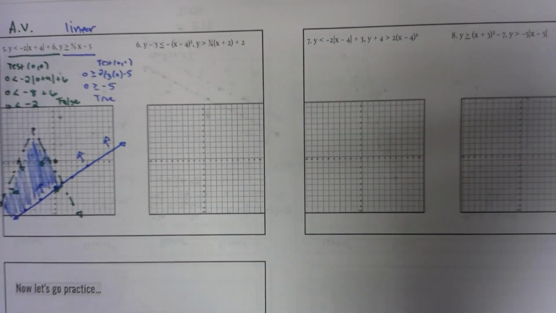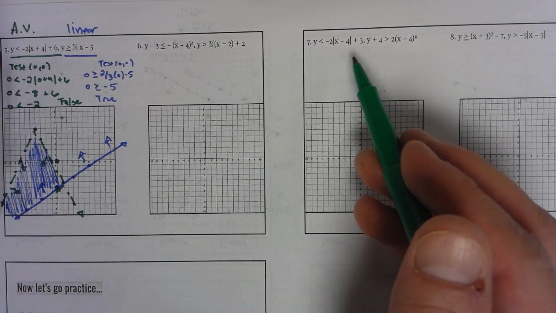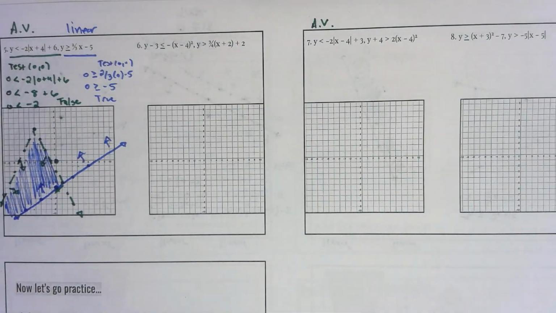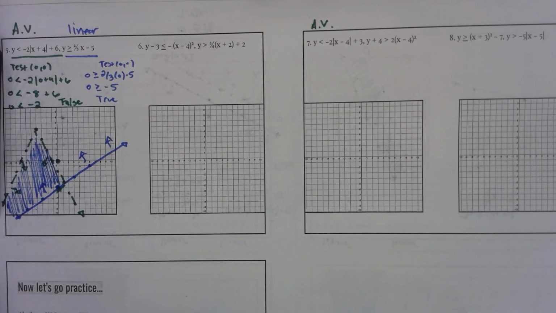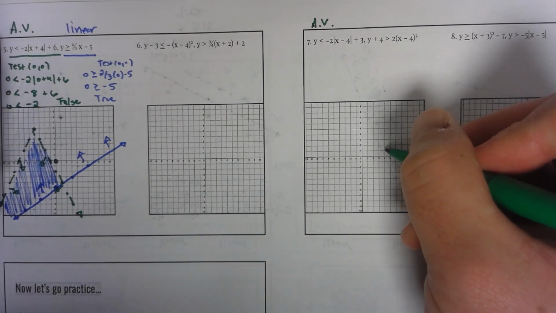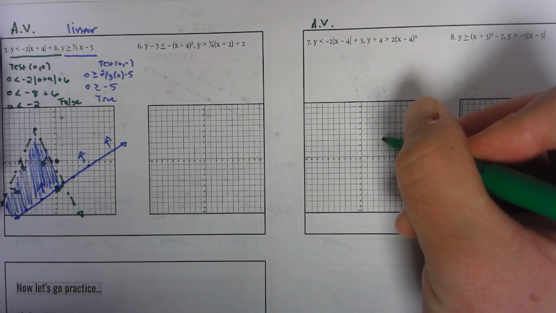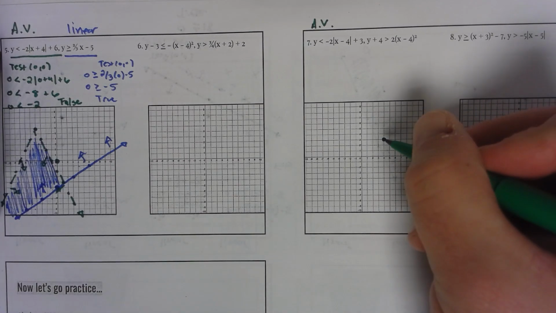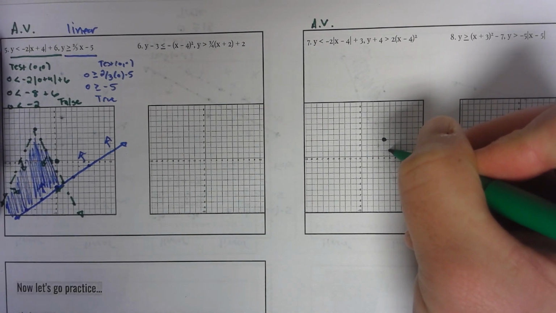All right, number 7. This first line is absolute value. Okay, I recognize the absolute value brackets. It's absolute value where the vertex is at (4, 3). It has a slope of -2, telling me to go down 2 and over 1 in both directions.